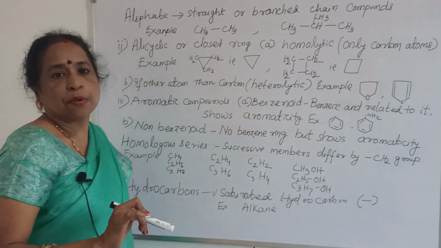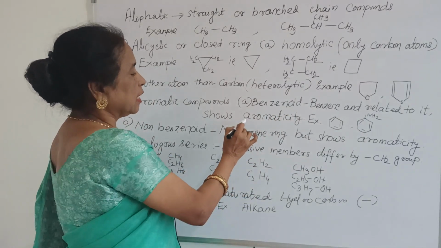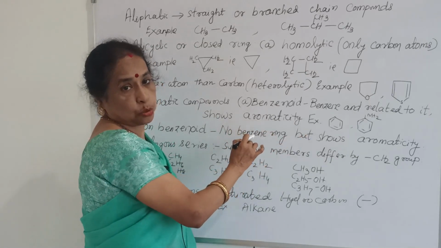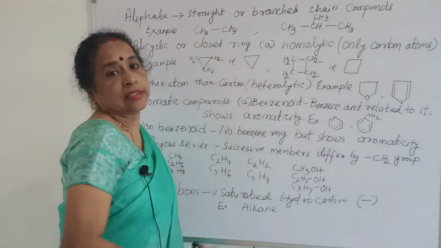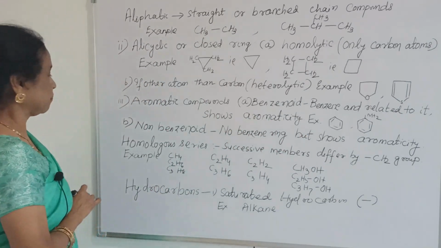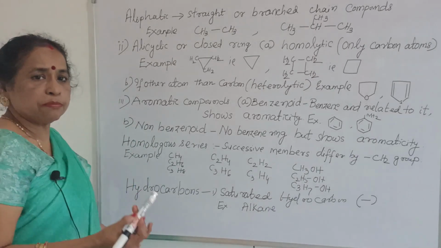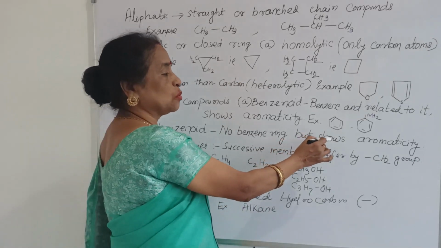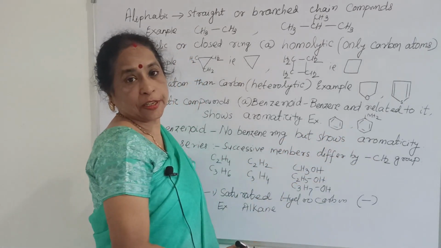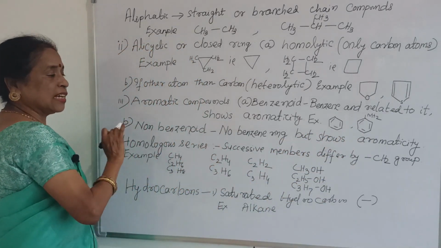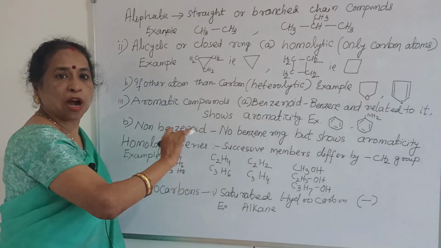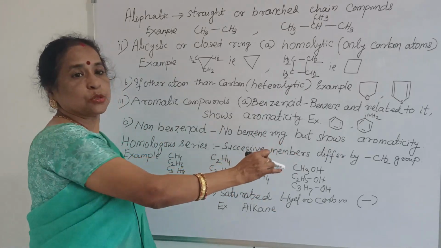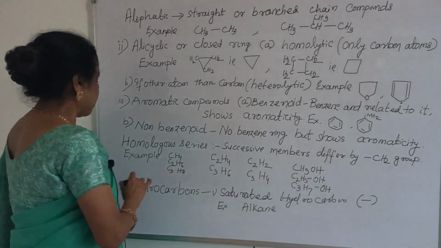In benzenoid compounds, one important property that is called aromaticity is shown, but it will be clear in the benzene chapter. Non-benzenoid means there is no benzene ring, but it also shows the aromaticity property. That means here there is no benzene ring. You can't find any benzene ring, but it will show the aromaticity property.